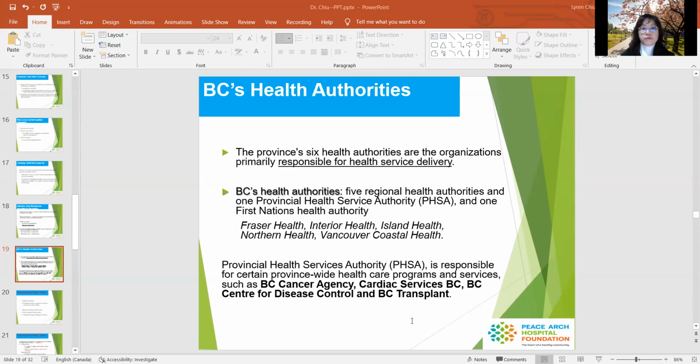And there is also 1 provincial health service authority. This authority, PHSA, is responsible for 13 province-wide healthcare programs and services, such as BC Cancer Agency, Cardiac Services BC, BC Centre for Disease Control, and BC Transplant.